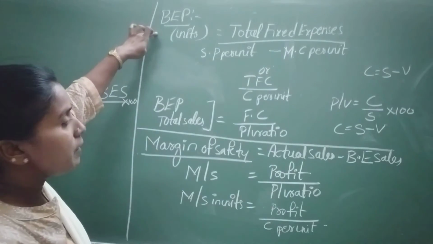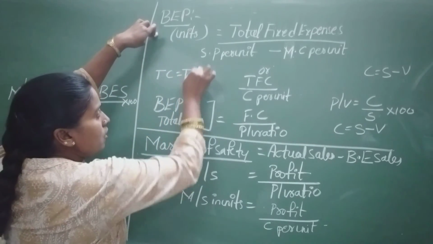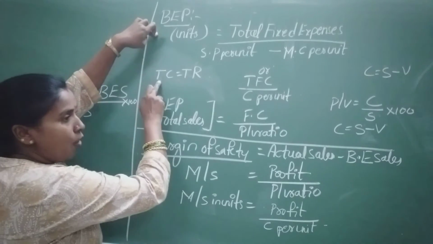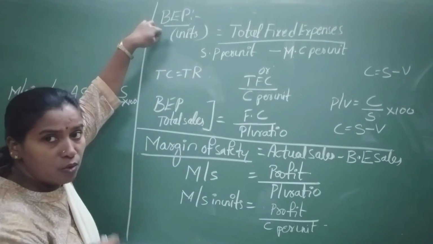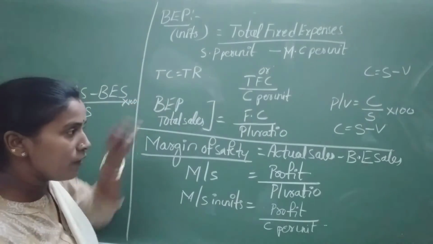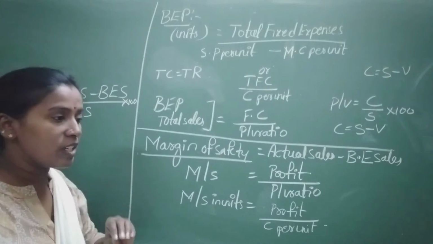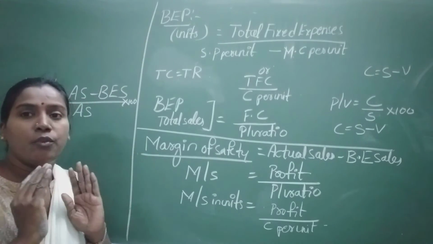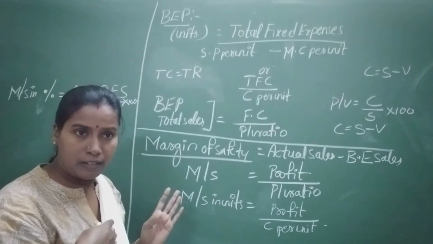Break-even point is a point where total cost is equal to total revenue. It means how much you invested, that much you earned back. There is no profit and no loss. A point where total cost is equal to total revenue is called the break-even point, which tells that for your firm, for your organization, there is no profit or loss. Clear?